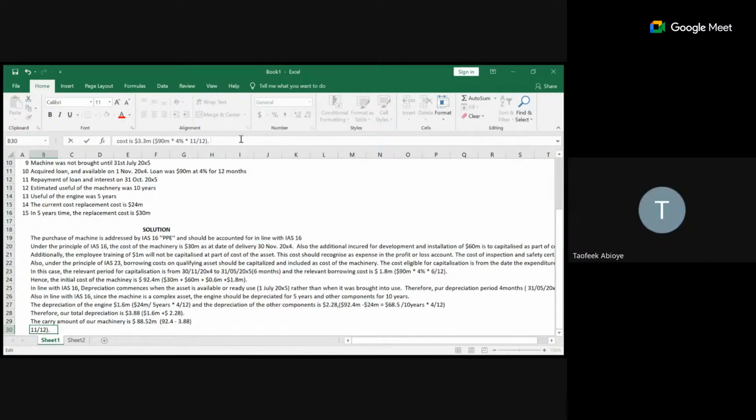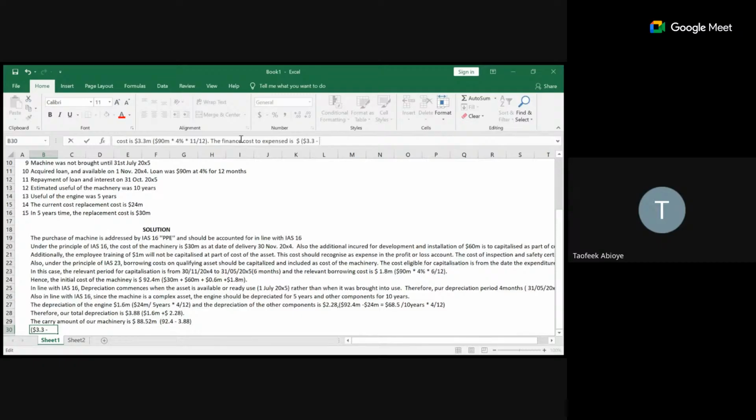Yes. Now, the finance cost to be expensed, and that is why we are calculating this, is this 3.3 million. This 3.3 million is the total finance cost we are supposed to pay, minus what IAS 23 says we should capitalize.